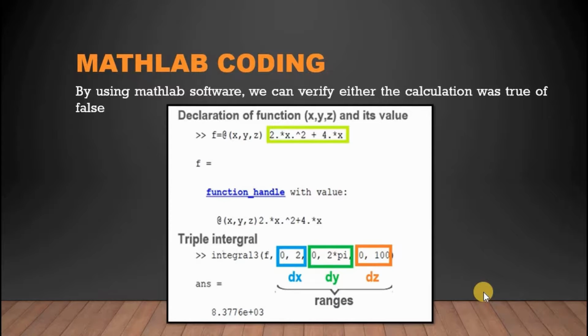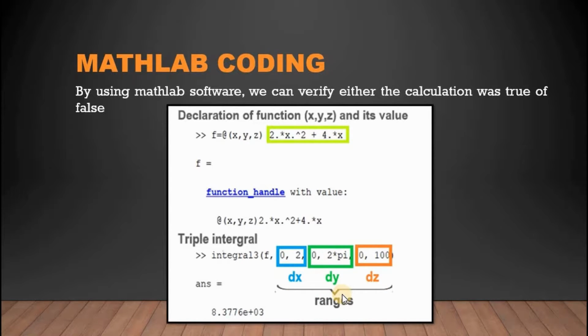Okay, before I end my part, I would like to give a briefing on the MATLAB coding. This is the code we use. First, we have to declare the function xyz and its value. For the triple integration part, we have to insert the ranges of dx, dy, dz into the integral. The dx, dy, dz can also be understood as d rho, d phi, and dz.